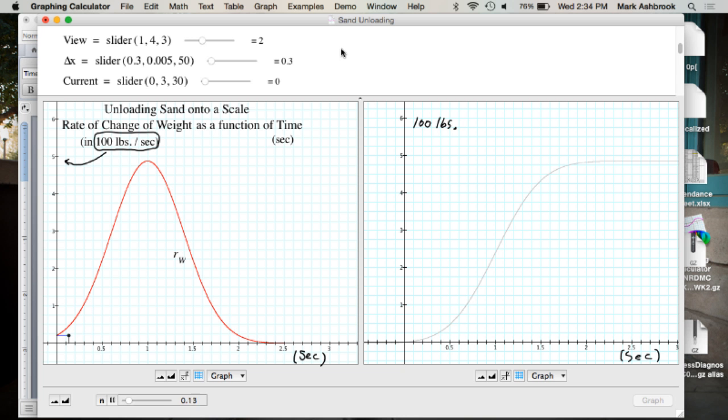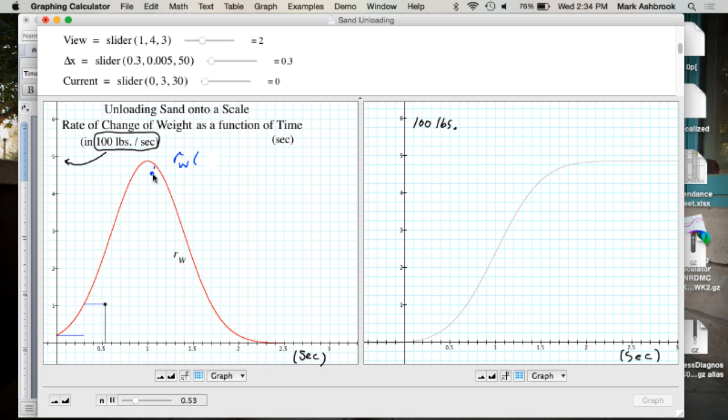For instance, this highest rate up here, the value of that rate will be R sub W of what? So what's the left side? Yeah, if it's hard to see, these intervals are 0.3 seconds wide.